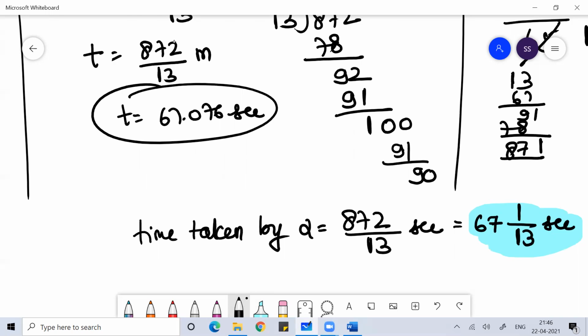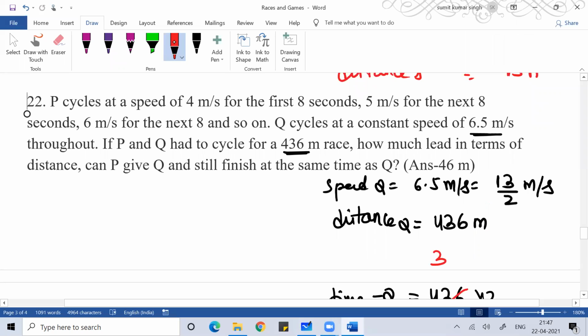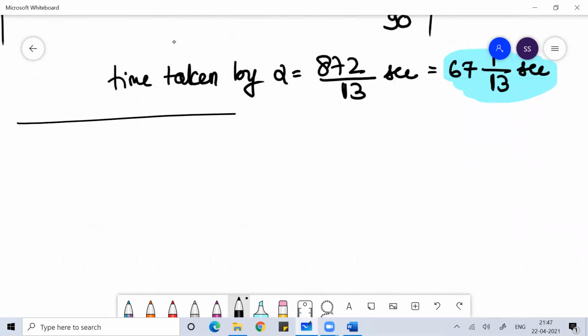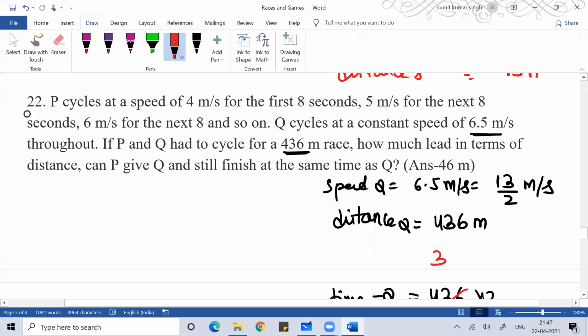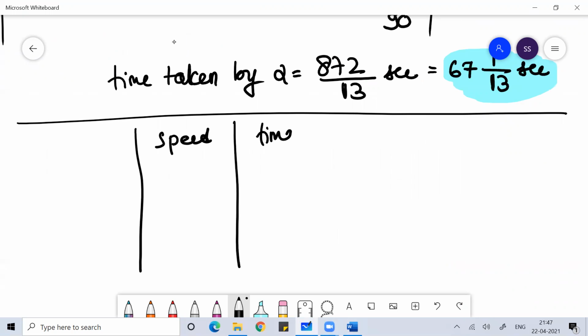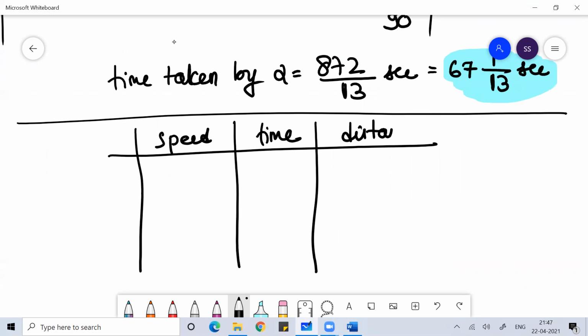Q is gonna take... Okay, so what you need to do is find how much distance P is gonna cover. P cycles 4 meters per second for 8 seconds. So when you talk about P cycling 4 meters per second, we have the speed and the time, and then we can find the distance.